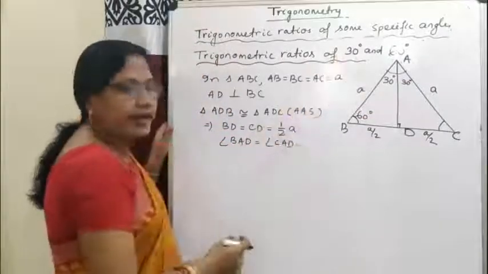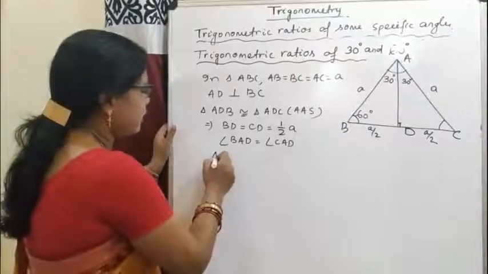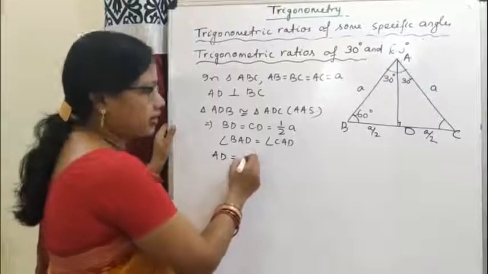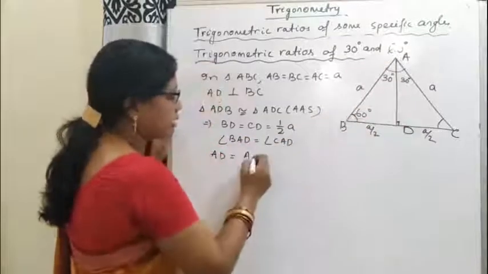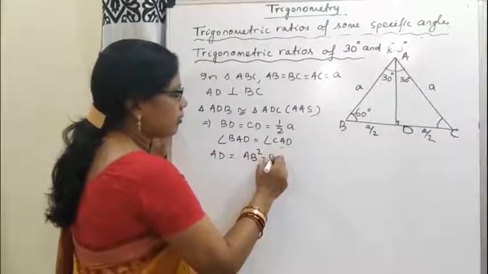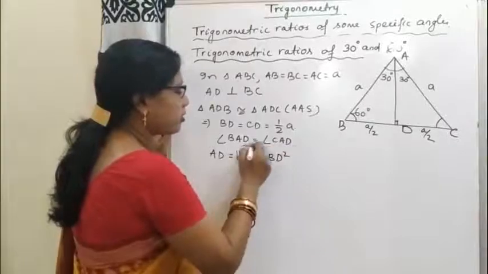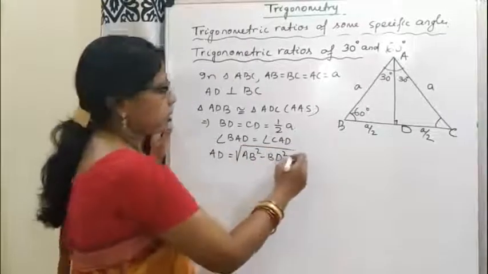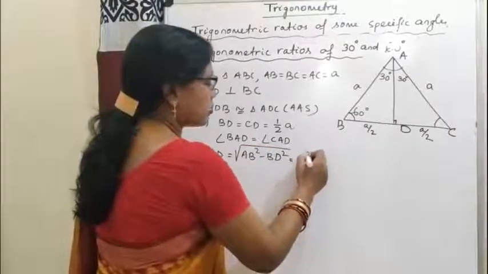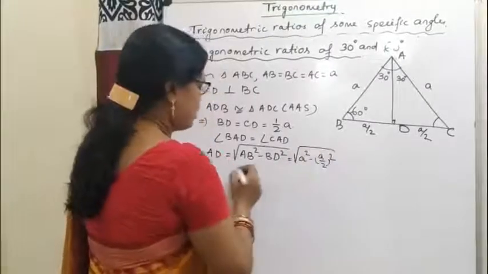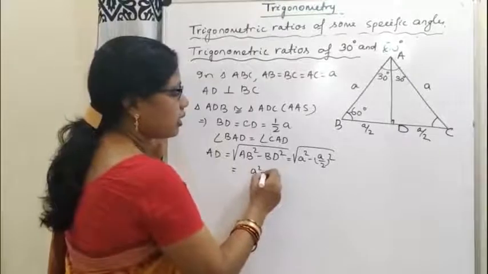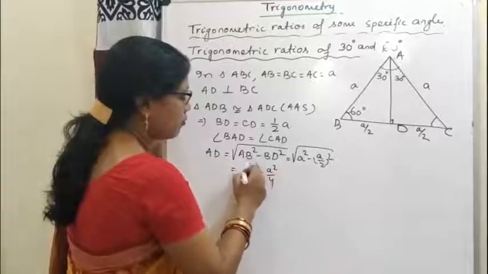Then we have to find AD. In the right triangle ADB, AD is equal to square root of AB square minus BD square. So this is equal to square root of a square minus a by 2 whole square, which is a square minus a square by 4.